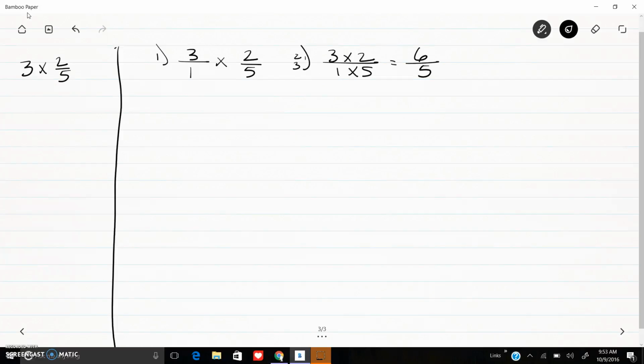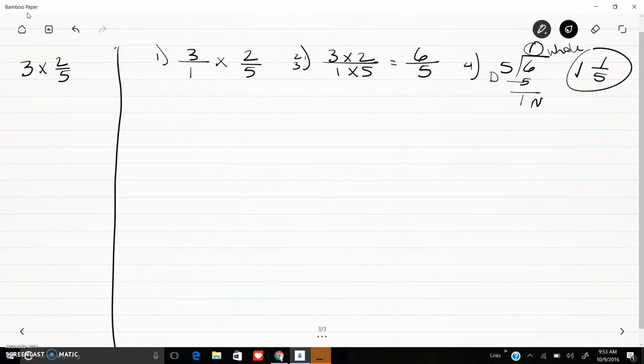See, this is where I have an improper fraction. It's one of those instances. So since I can't simplify 6/5, I'm going to make it into a mixed number by dividing my numerator by my denominator. 5 will go into 6 one time. So I have my whole number, this is my numerator, this is my denominator. So I have 1 1/5 as my answer.